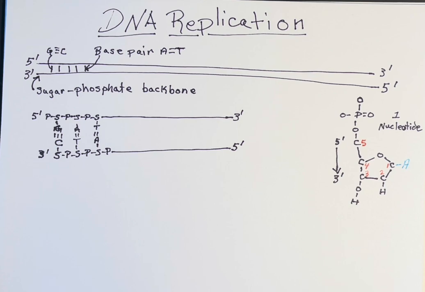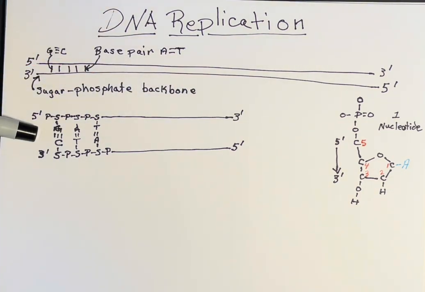Okay, so I further drew out what these two lines represent. So hopefully you may recognize this better than just the two lines. So phosphate, sugar, phosphate, sugar, phosphate, sugar.